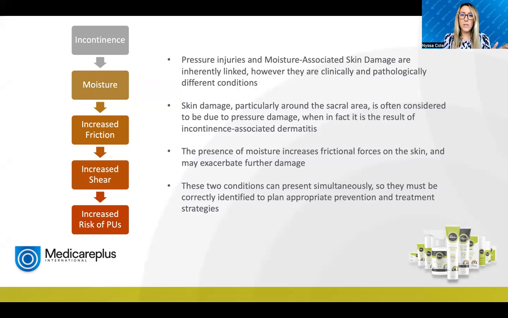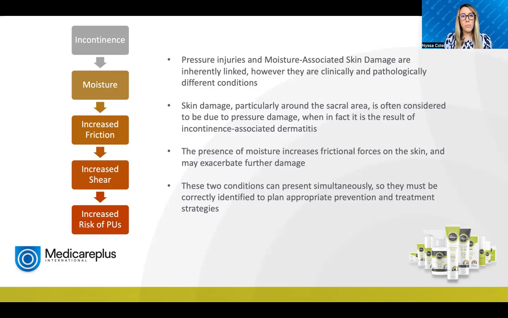The skin damage that's caused by moisture-associated skin damage or incontinence-associated dermatitis can damage the skin, particularly around that sacral area, and then can lead to increased friction and damage to the skin, which can then lead on to pressure ulcers. So the two can coexist together. However, the treatment is very, very different.